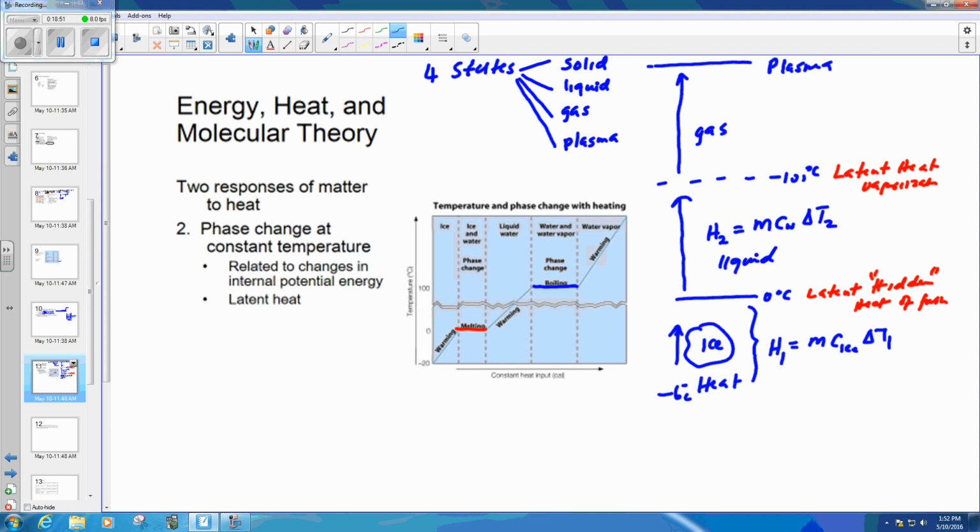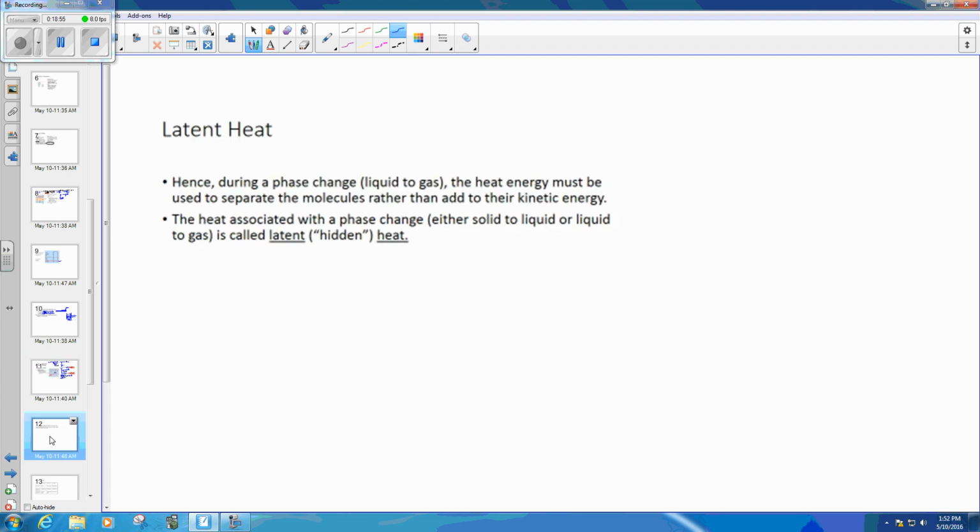So during a phase change, as we have said, we do not see the change in temperature. So the heat is hidden, and because it's hidden, we call it latent heat.